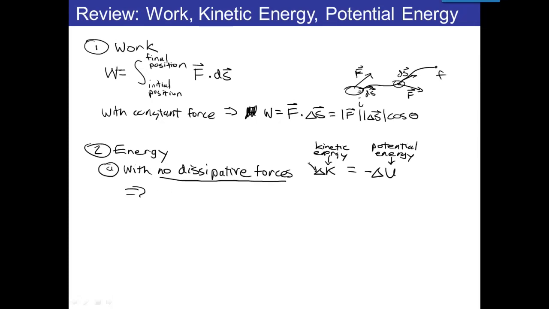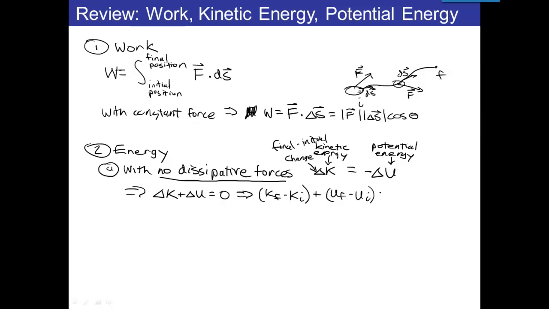Let me write this in a form you might be more familiar with. Here delta means a change, and change usually means final minus initial state. So if we rewrite this and move the delta U to the other side, we have delta K plus delta U equals 0. If we now write out what we mean by delta K, that's K final minus K initial, plus U final minus U initial.